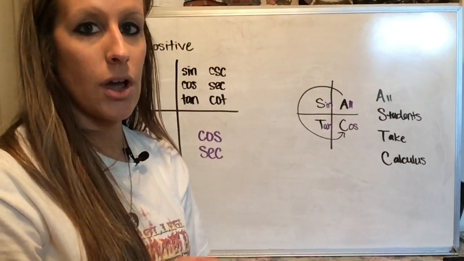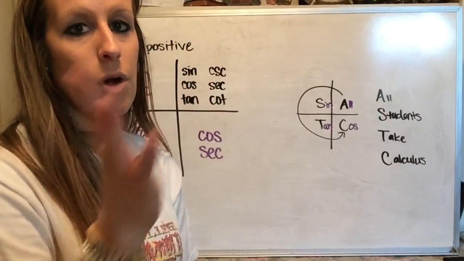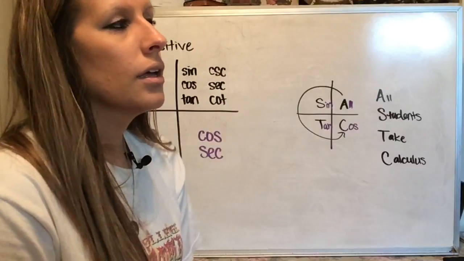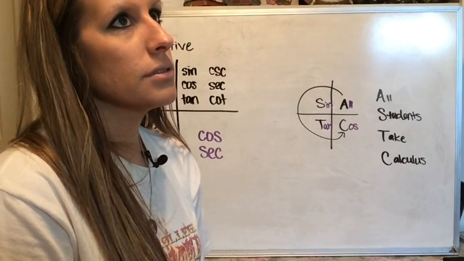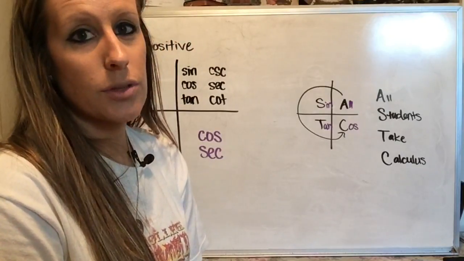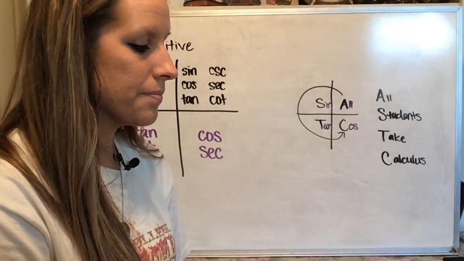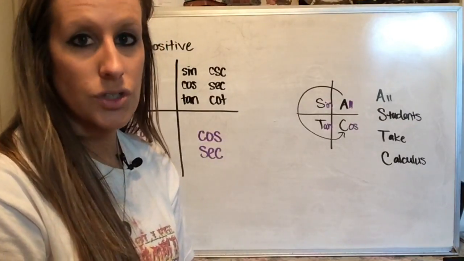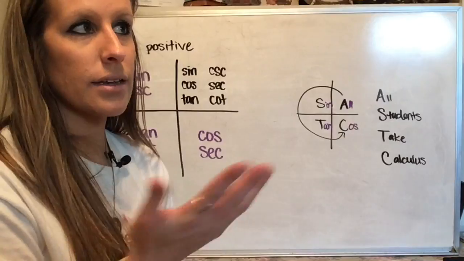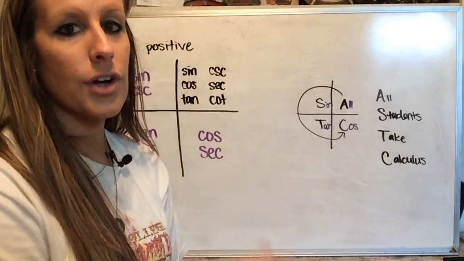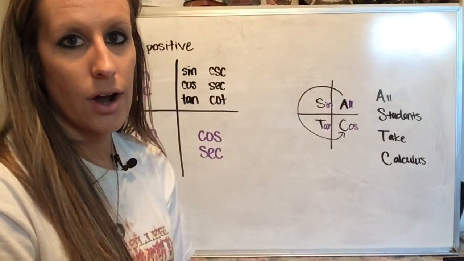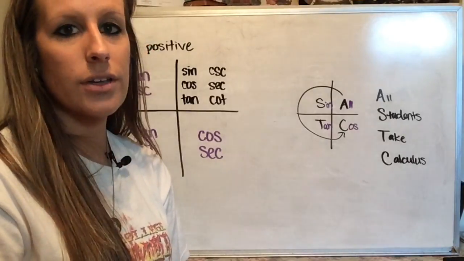So something good to know would be that unit circle where we broke it up into different sections. You're going to have to do what you did yesterday with the points. You're going to have to know the trig functions. So sine equals y over r, cosine is x over r. So if you know your SOHCAHTOA, you'll be fine.